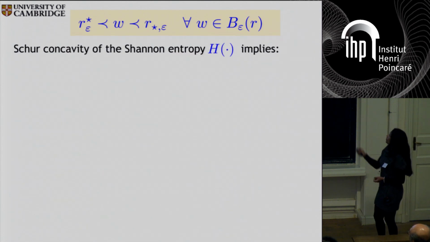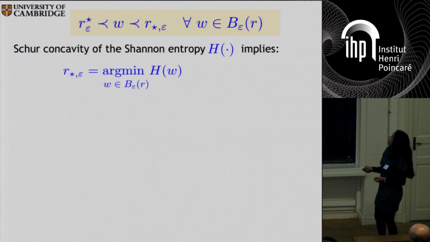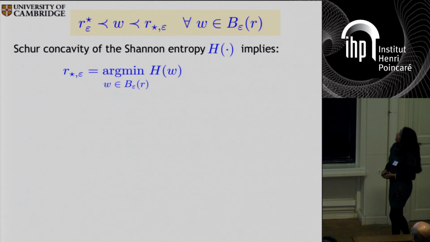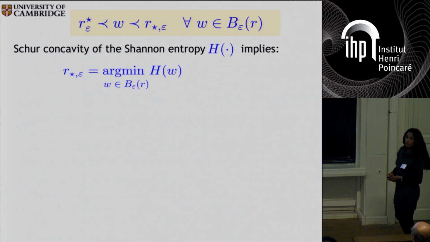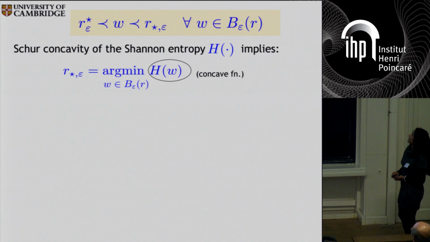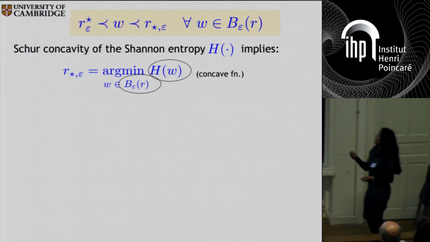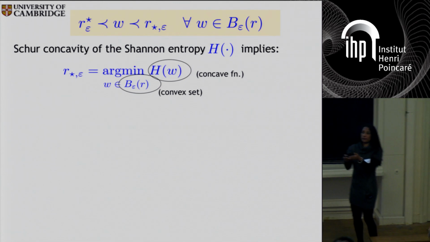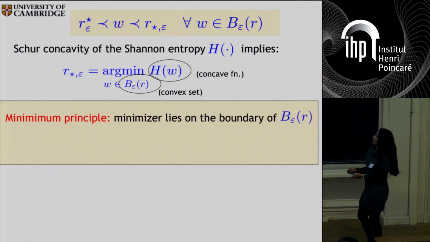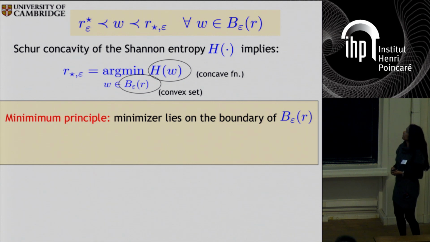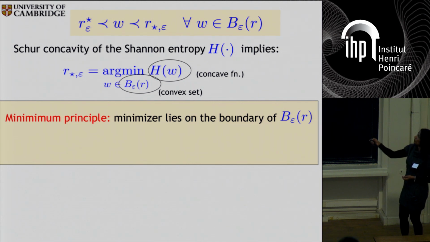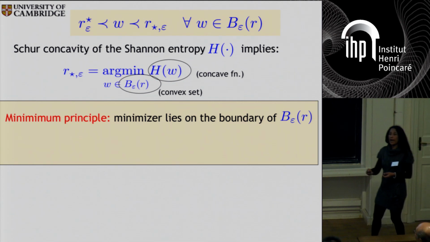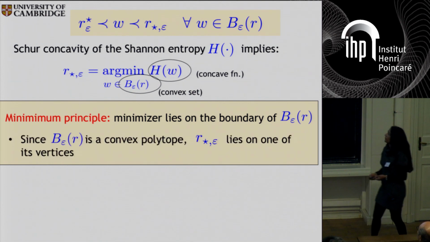So Schur concavity of the Shannon entropy tells us that once again R lower star epsilon is the point on which H is minimum, because that was the minimum entropy state. Now that's a concave function, and this is a convex set. So our first trial gave us a negative result, but there is a principle called the minimum principle, which tells us that in this sort of scenario, the minimizer lies on the boundary of this ball.